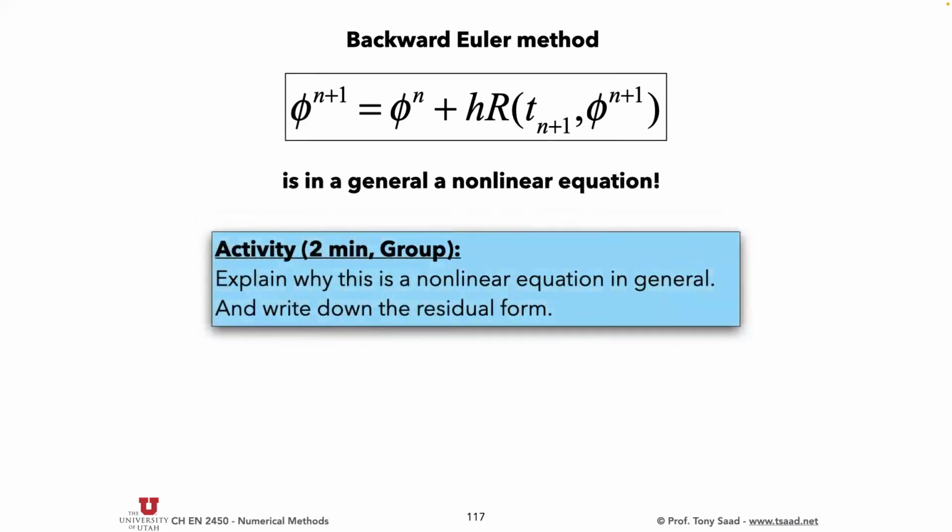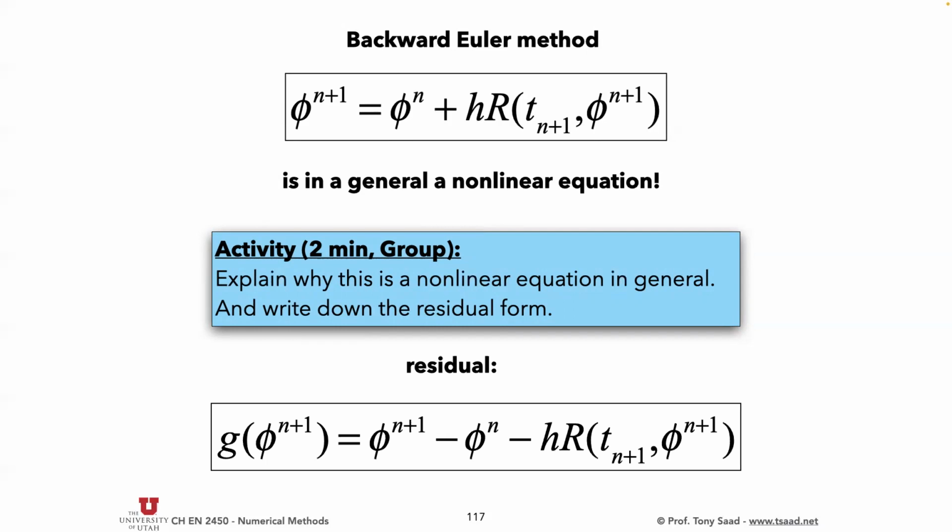At every time step, every time you're trying to move to phi 1, to phi 2, to phi 3, you have to solve a nonlinear equation. And if you had a system of those, you'd have to solve a system of nonlinear equations. And we all know how annoying and painful that was, right? So that's the price you pay when you are doing implicit methods.